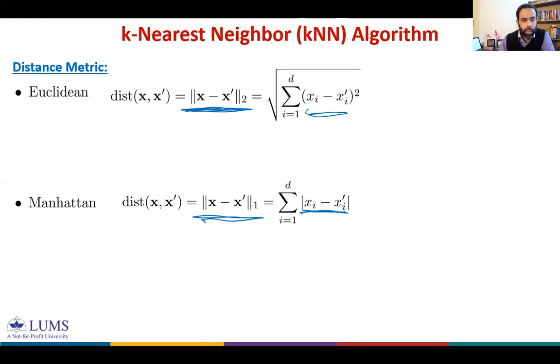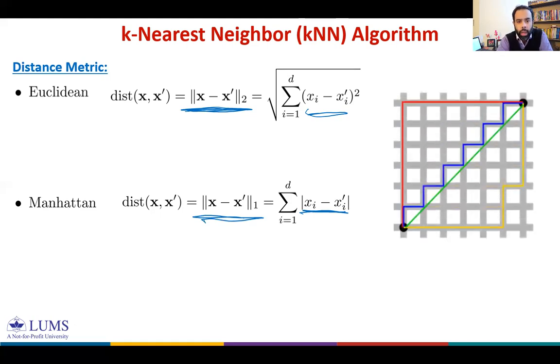If we want to see the difference between Euclidean distance and Manhattan distance graphically, we assume that we are in two-dimensional space, and on the x-axis we have x1, on the y-axis we have x2. Say we have 2 points, point A and point B. This green line here is the Euclidean distance, and the red, blue and yellow lines correspond to Manhattan distance.